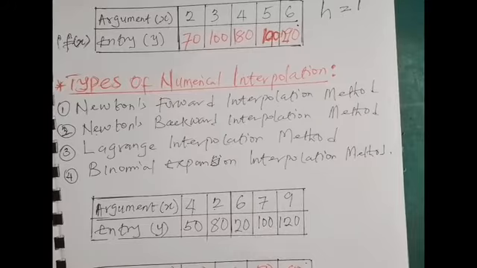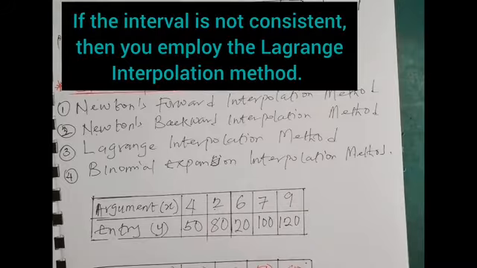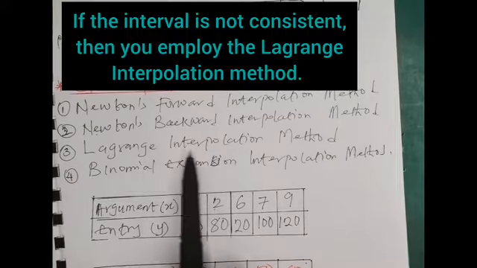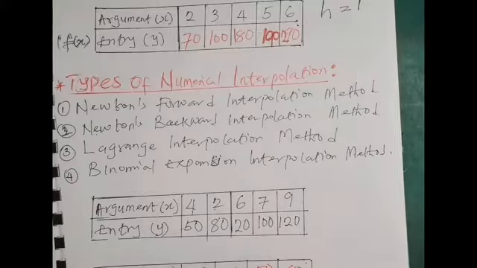So in this case, the interval is not consistent. Rather, it is jumping. When you have a situation where the interval is jumping, and you're asked to interpolate a certain value, then the only method you can employ is the Lagrange interpolation method.